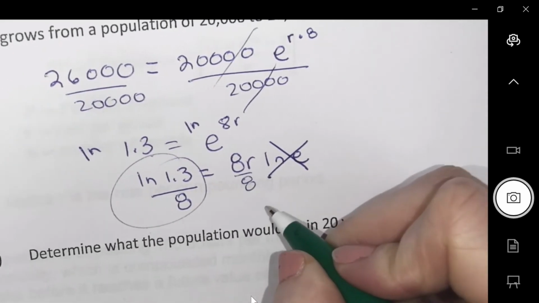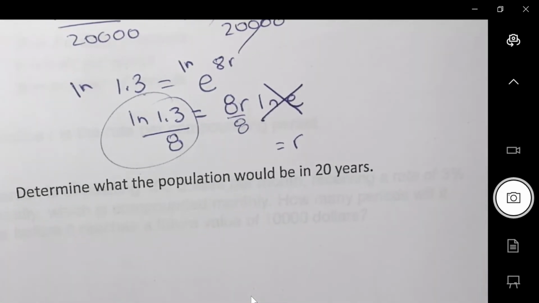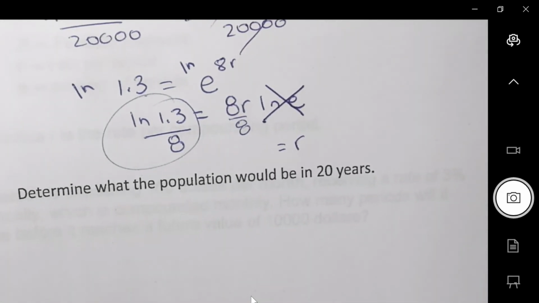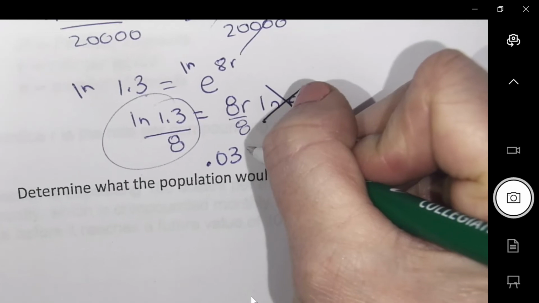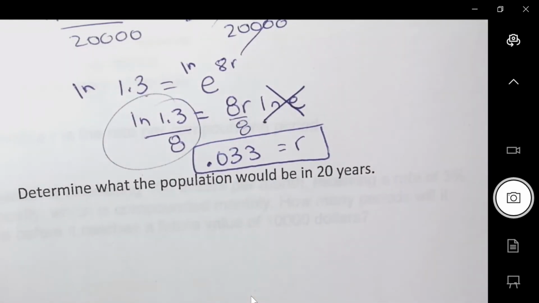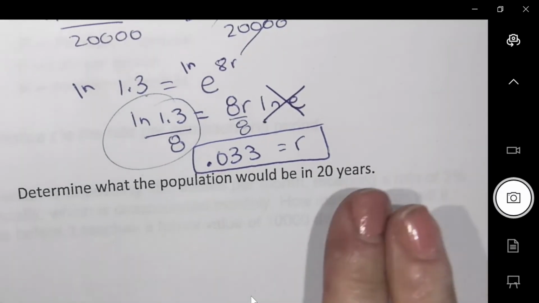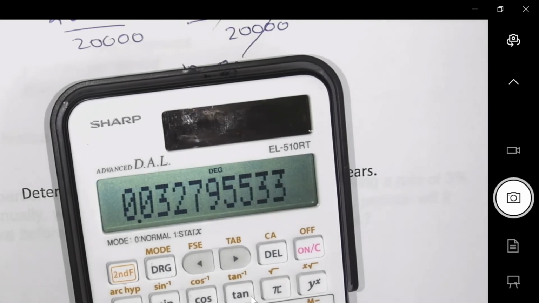I just have to divide by 8. So ln 1.3 divided by 8. On that, I'm going to round to 3 when I write it, but I'm still leaving this in here. This is still in here. Don't erase it.